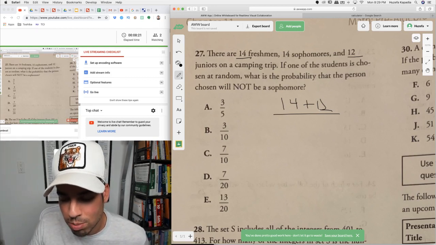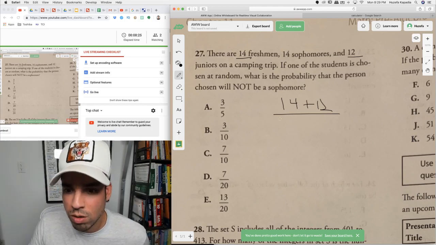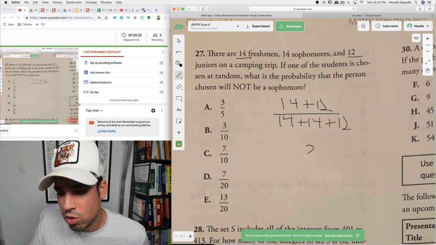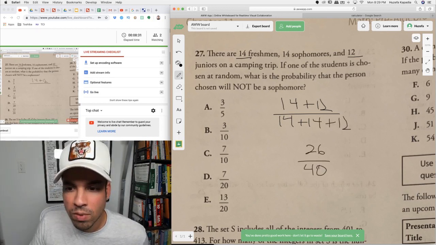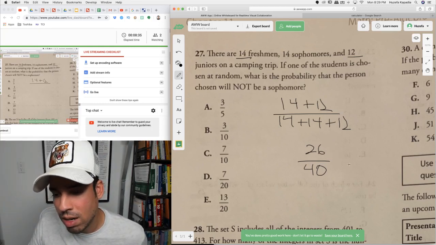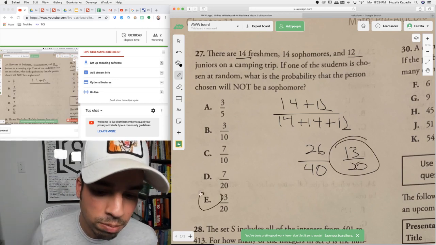It's 14 plus 12 out of how many total people? 14 plus 14 plus 12, that's 40. So it's 26 out of 40. And then they want us to reduce it. So we divide top and bottom by 2 and we get 13 out of 20. Boom.